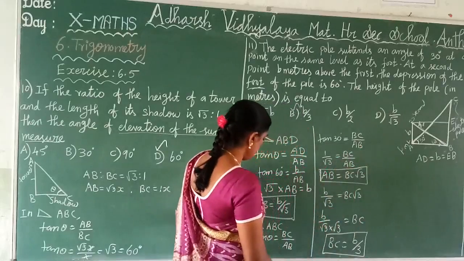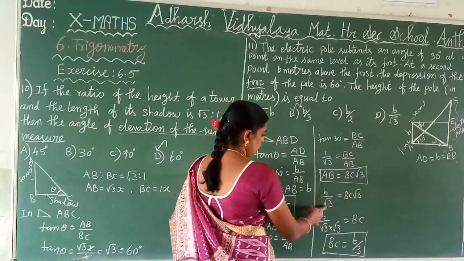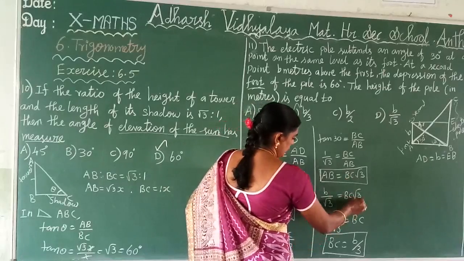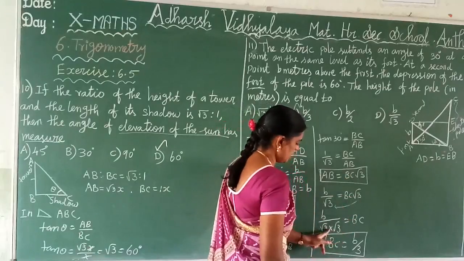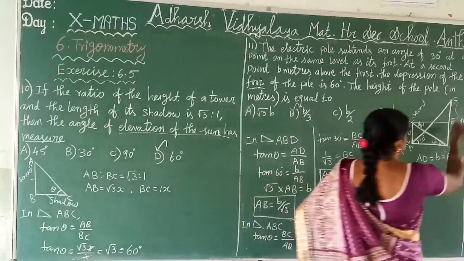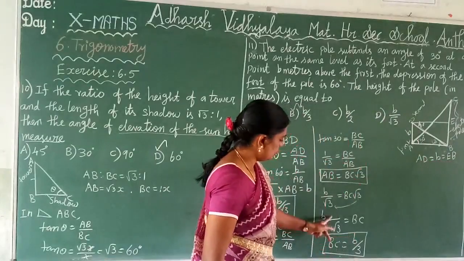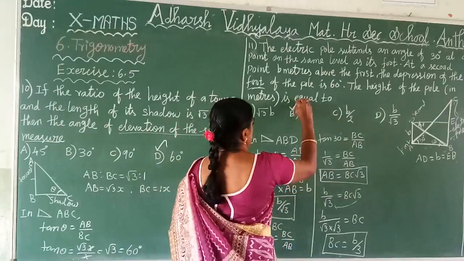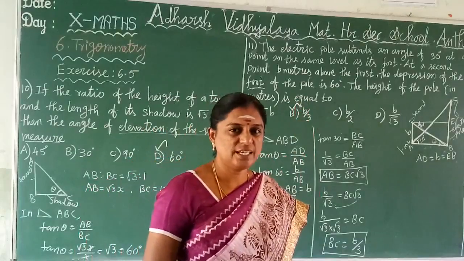We already found AB, so substituting, B by root 3 equals BC by root 3. Root 3 into root 3 is 3. So BC, the height of the electric pole, is equal to B by 3. Which option is B by 3? B option. Clear? So write the option and the answer correctly.